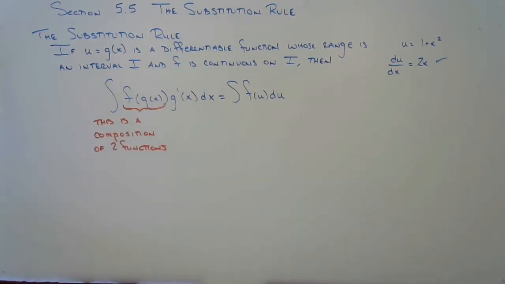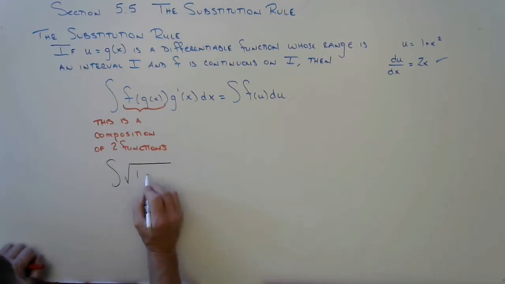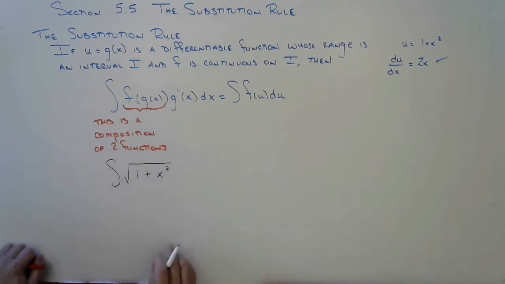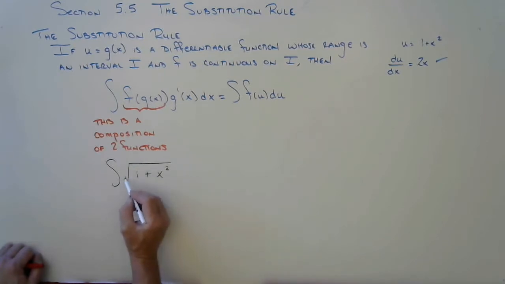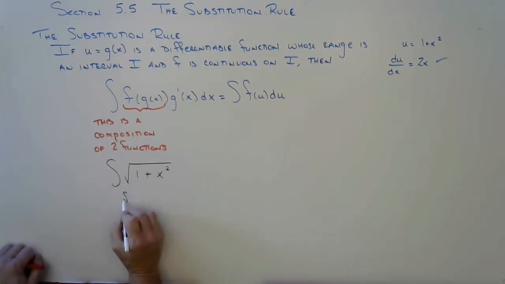And if we write down what we did just a second ago, the example we worked on was the square root of 1 plus x squared. That is the composition of two functions. Our inside function is 1 plus x squared. Our outside function is the square root of x. So in terms of our pre-calculus approach to the problem we just looked at, we do have two functions here.